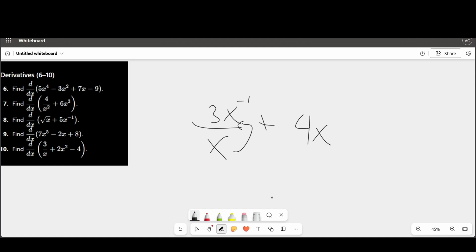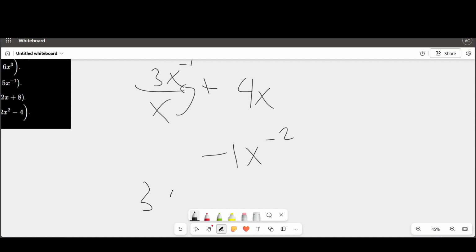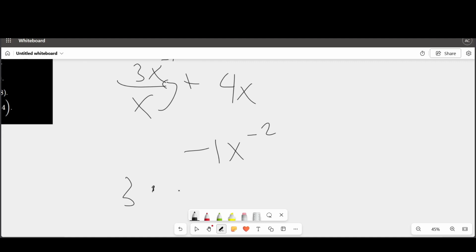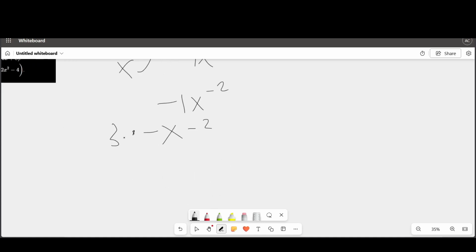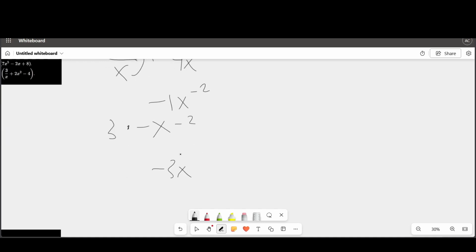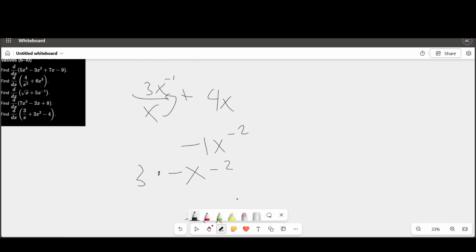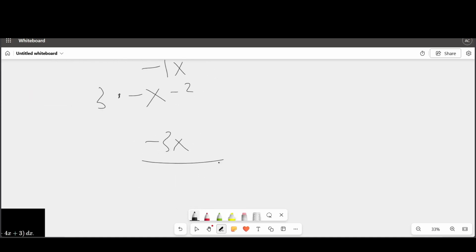So -1. We're going to use the power rule to differentiate it now. -1 minus 1 is gonna be -2. So we have x to the -2. We have to multiply 3 and negative x to the -2. So we're gonna have negative 3x, and I believe we're gonna put the exponent back to here.